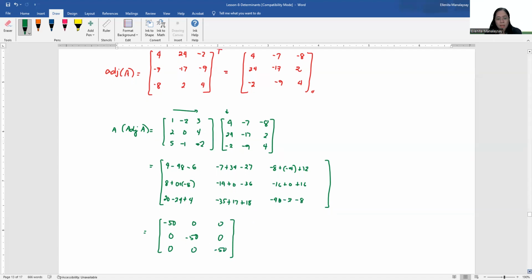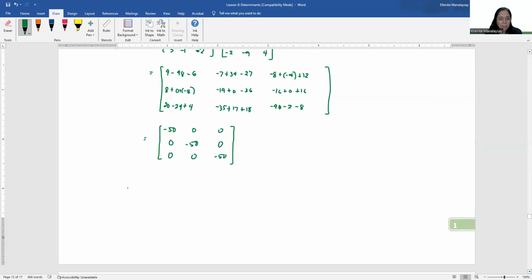So, this is our product. And this is equal to, if we express this as a product of a scalar and a matrix, the scalar is negative 50 times 1, 0, 0, 0, 1, 0, 0, 0, 1.